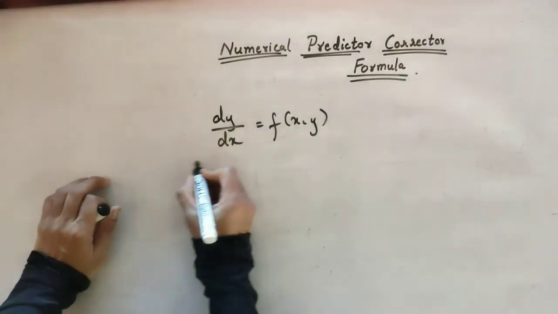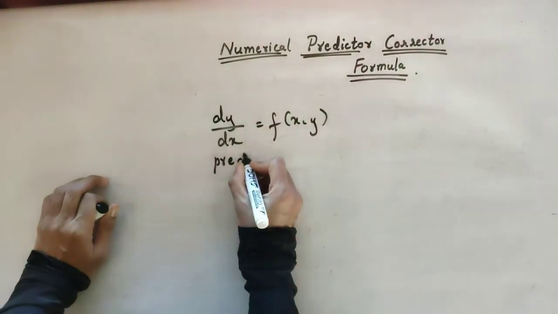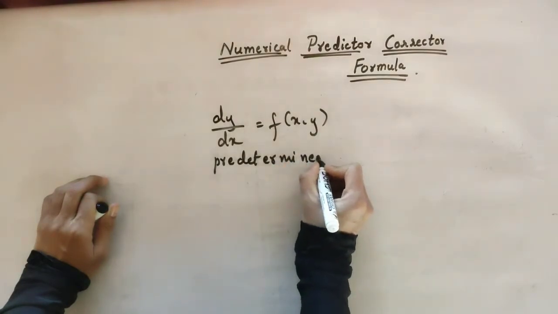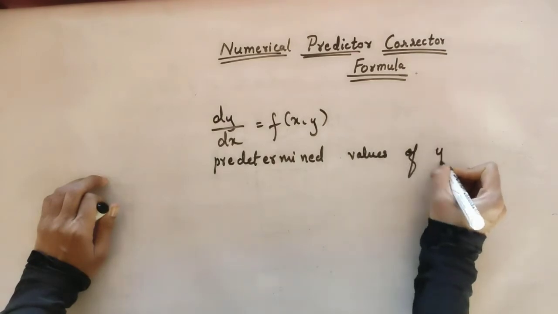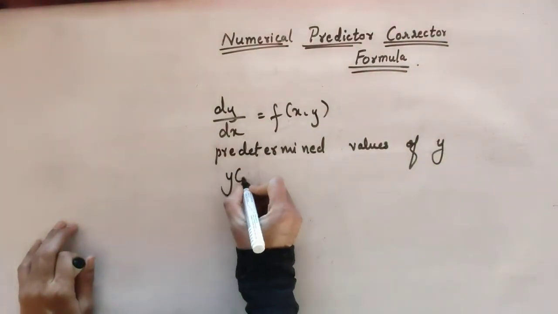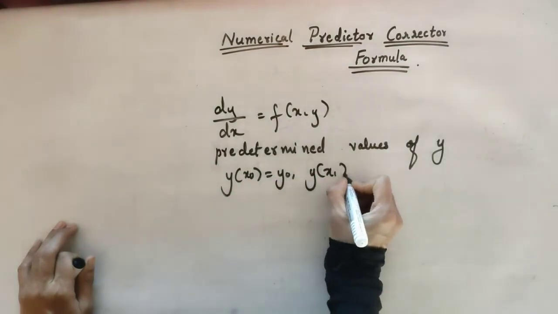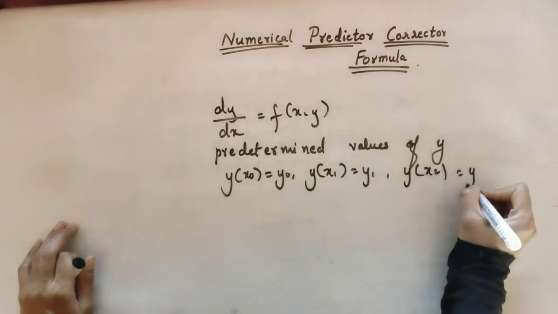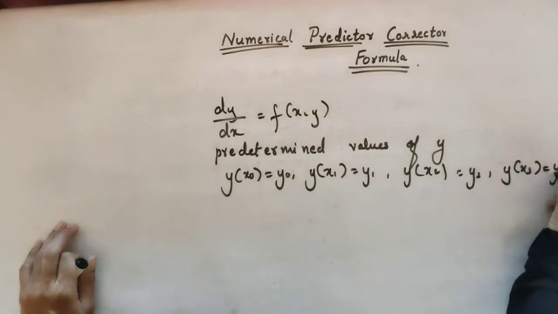We can say that they are predetermined values of y: y of x0 is equal to y0, y of x1 is equal to y1, y of x2 is equal to y2 and y of x3 is equal to y3.